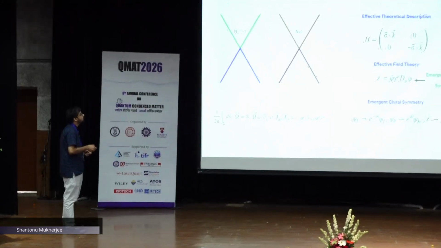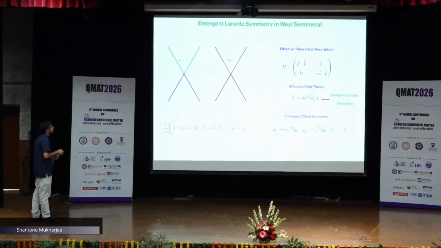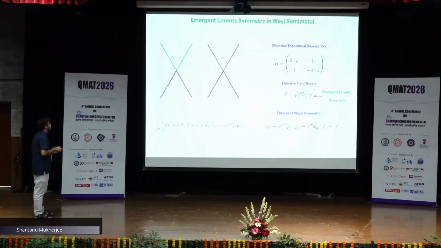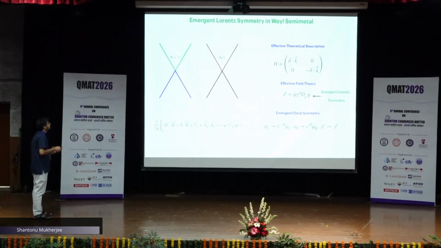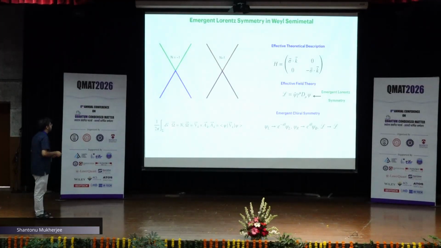Weyl semimetals are materials which realize discrete band touching points. They always appear in pairs, and they have equal and opposite topological charges defined through the integral of the Berry curvature over a surface surrounding these nodes in the Brillouin zone.